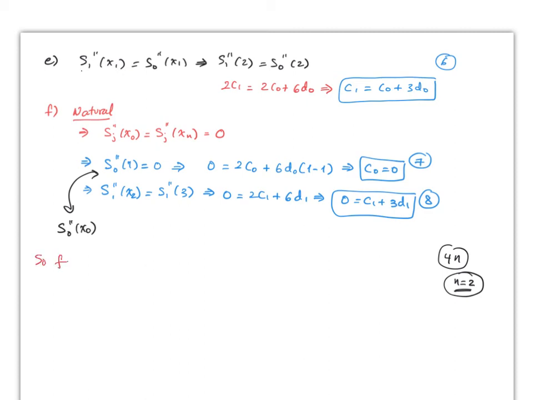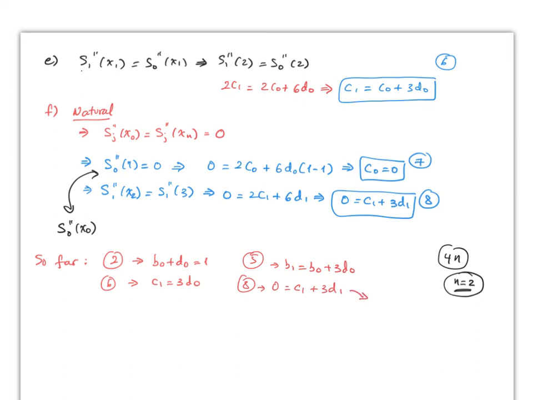So far we have equation 2, which was b0 plus d0 equals 1. Equation 6 was c1 equals 3d0. Equation 5 was b1 equals b0 plus 3d0. And then equation A was 0 equals c1 plus 3d1.